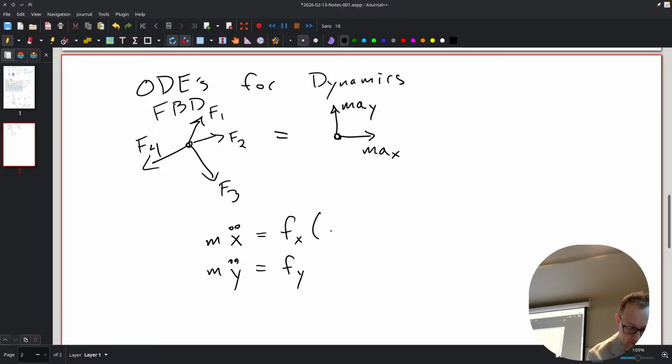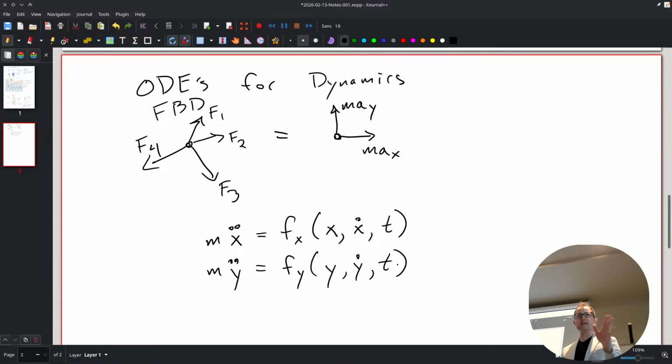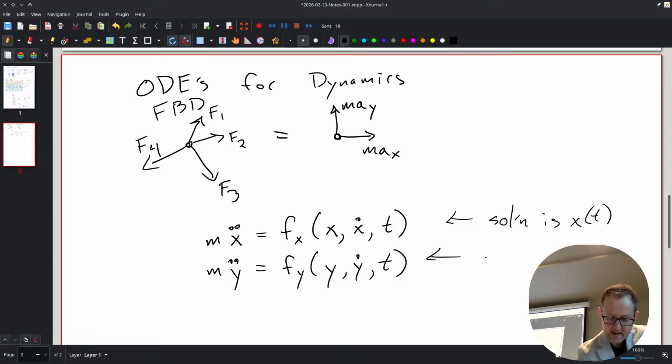All those components will be some function of x, x dot and time, and y. If it's nice and separable, then you have functions of x dot and time. Whenever you get a solution to that differential equation, usually the solution is x of t.